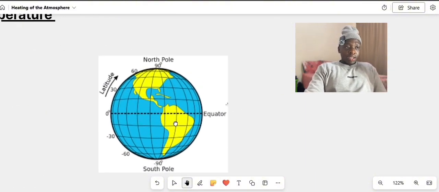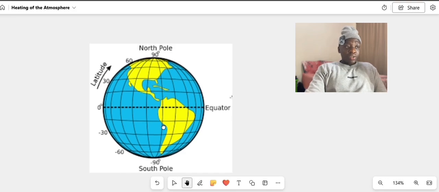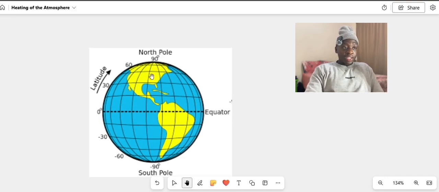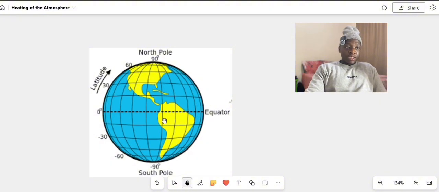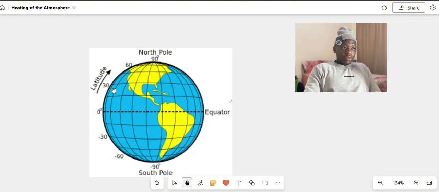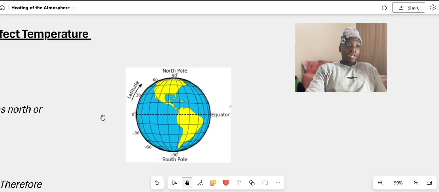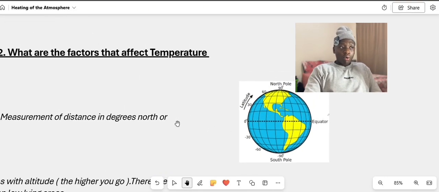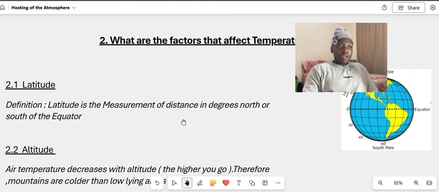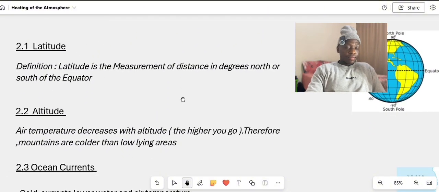It starts from the 0 degrees line, which is the equator, and goes northwards and southwards of the globe. So it goes to 30 degrees, 60 degrees, and ends at the 90-degree pole. We're going to dive deeper into latitude and longitude in grade 11.